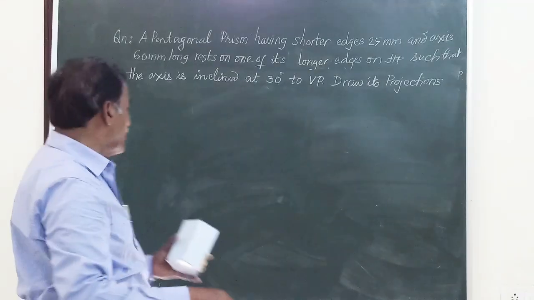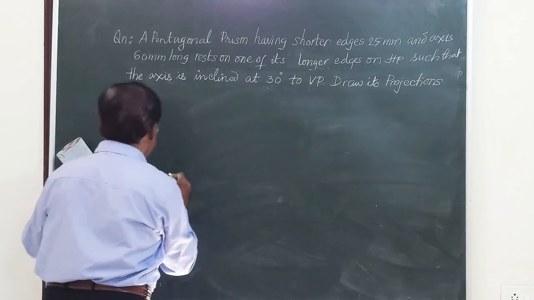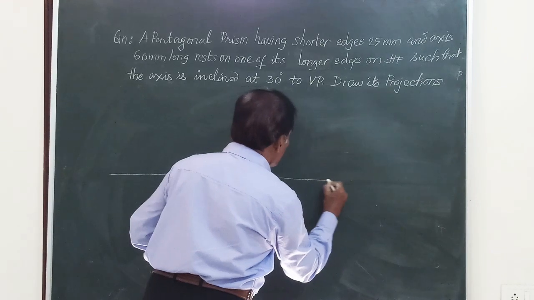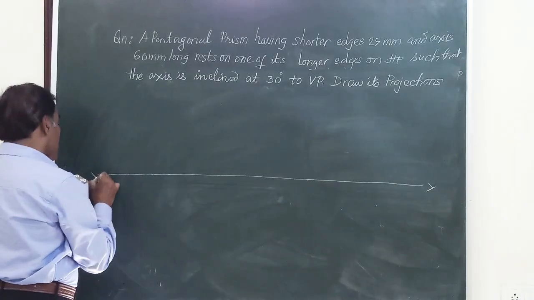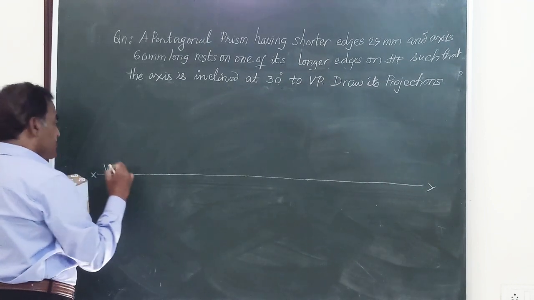So I start the problem by drawing this XY line representing the intersection of VP and HP. I mark this as XY, and here I mark VP by HP indicating first angle projection.